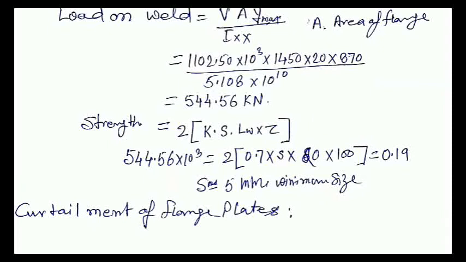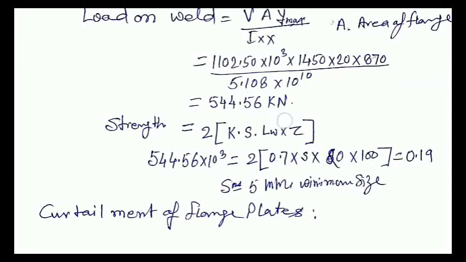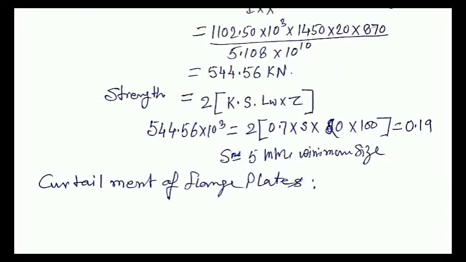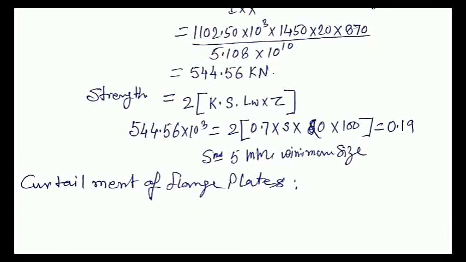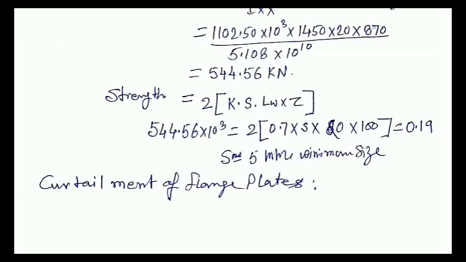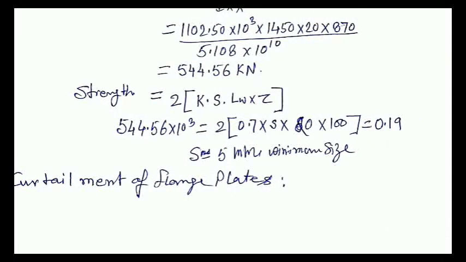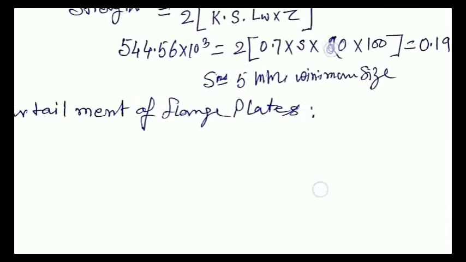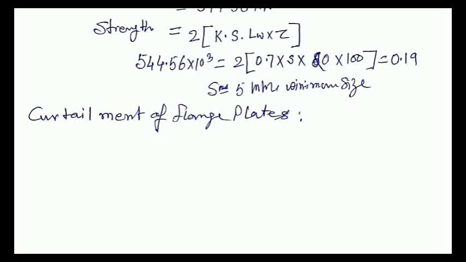So it comes out to be 5544.56 kilonewton, and because the welded joint will be on both sides of the flanges, the strength is 2 times Ks into Lw into tau. On equating total force, the size of weld comes out to be 0.19 mm, but we are already providing a 5 mm minimum size of weld, hence it's okay. Now we have to go for the curtailment of the flange plates.